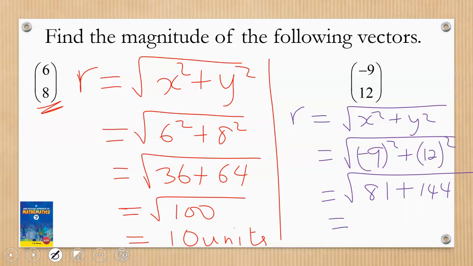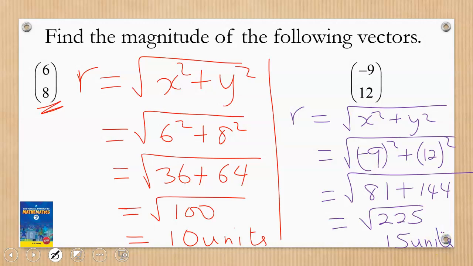When you add 81 plus 144, that will give us 225. And 225 is also a perfect square. And so since it's a perfect square, the root of 225, the answer is 15. So we say 15 units.